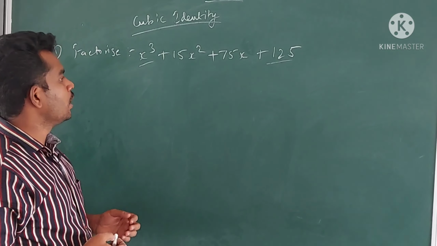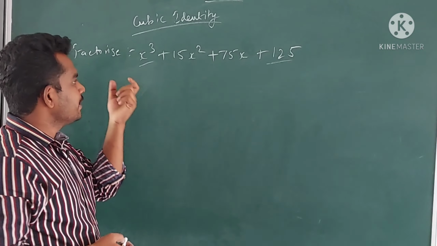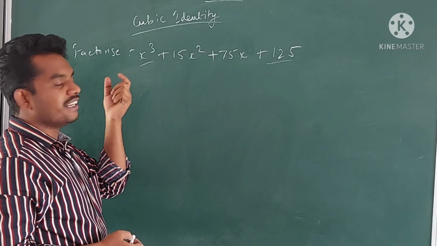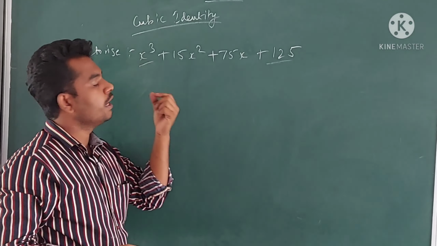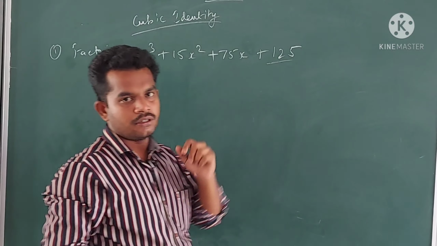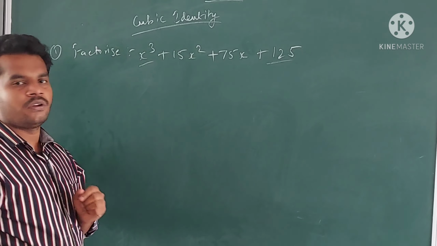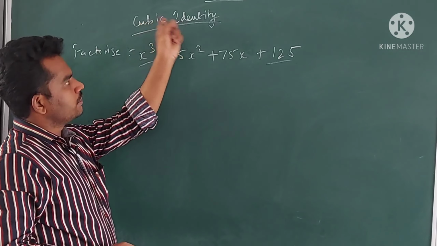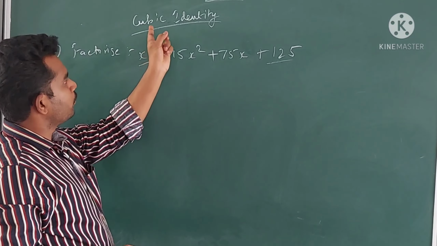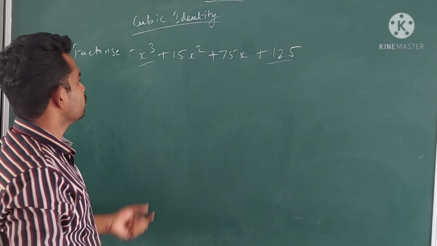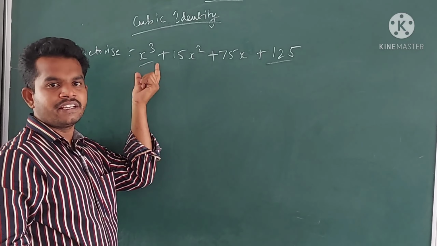Why, sir? There is a clue in the x cube term and constant term. What is the clue? The identity. What is the name of this identity? Cubic identity.